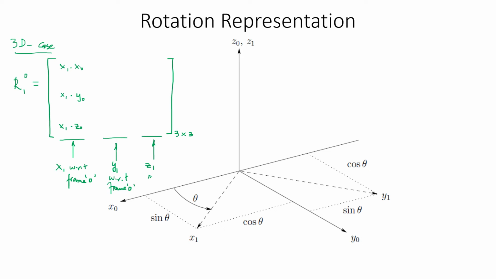Similarly, you can write down the second column, which is going to be y1 dot x0, y1 dot y0, and y1 dot z0. Similarly, the third column, z1 dot x0, z1 dot y0, and z1 dot z0. So in this case, you now have a generic rotation matrix which is going to indicate any rotation.